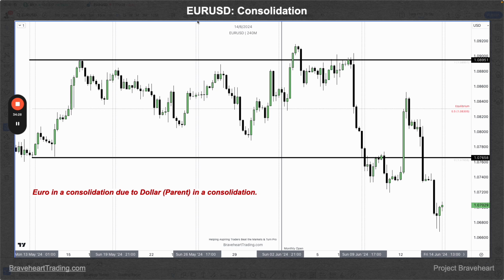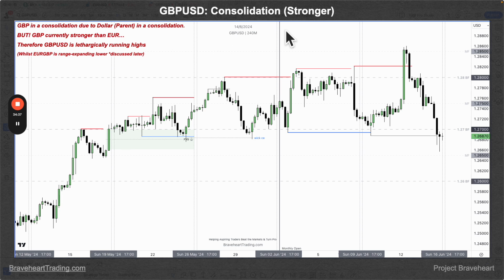And you can see here, due to the parent dollar being in consolidation, you can see euro also being in the consolidation. And pound here is a little different. Okay, so it's still in a consolidation, but pound is in a consolidation due to the dollar, but pound is currently the stronger pair.